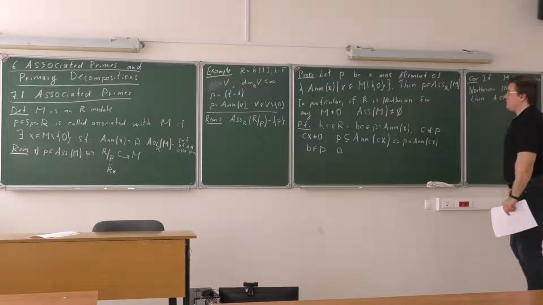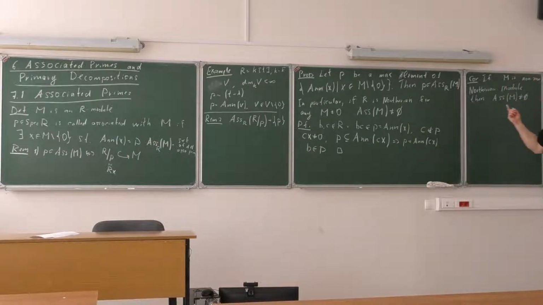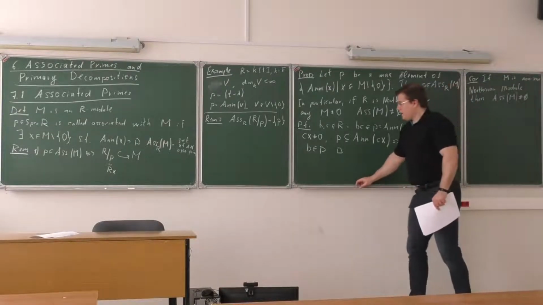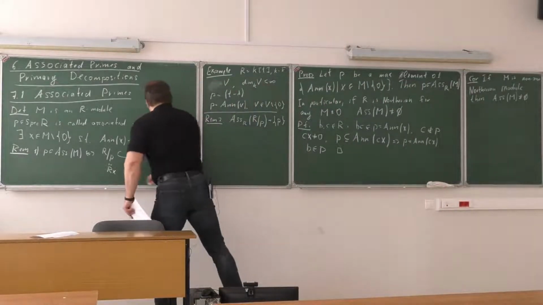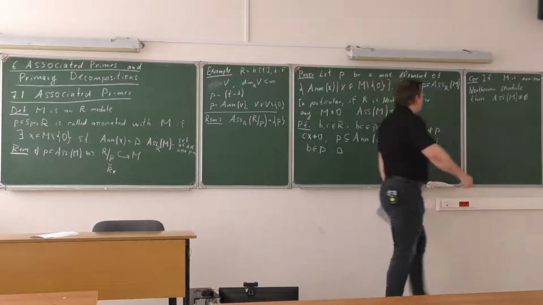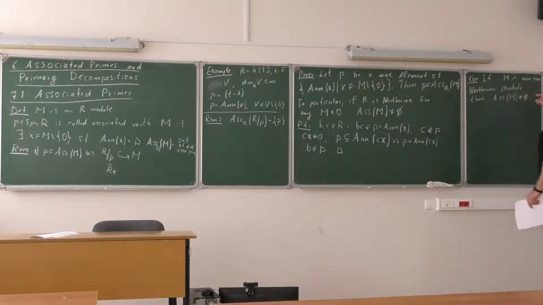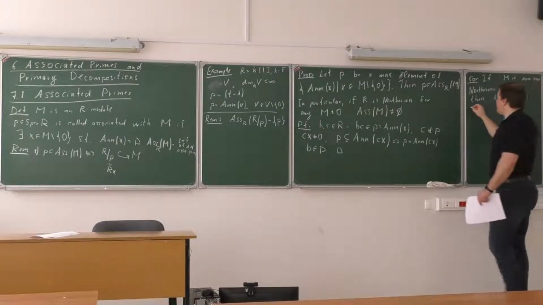The main conclusion here is that in some cases you can say that the module is non-zero if and only if the set of associated primes is not an empty set. So we want to consider the case of a Noetherian module, but not necessarily a Noetherian ring, and reduce everything to the case of a Noetherian ring. So that's the idea of the proof.